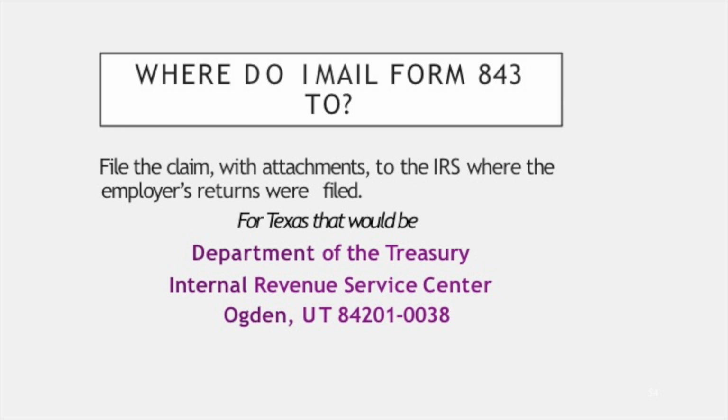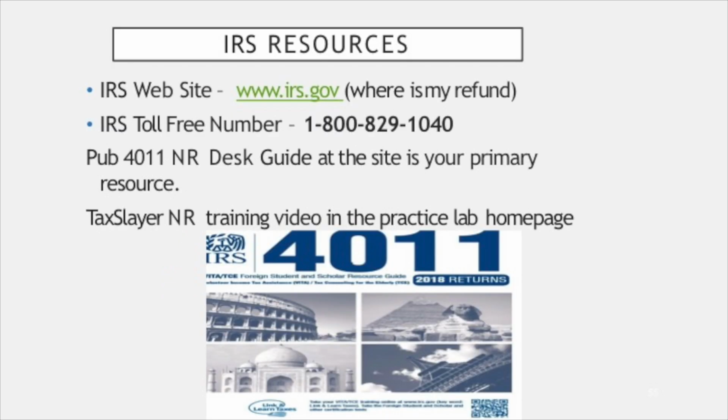To finish up this course, I would like to mention some resources that are available. Again, the IRS webpage, www.irs.gov, is a wealth of information for forms, for publications. One other publication I might want to mention is publication 519, the U.S. Tax Guide for Aliens.